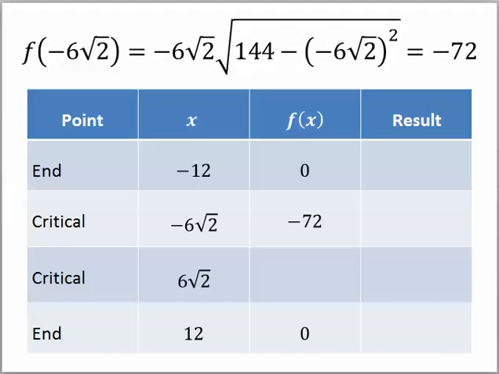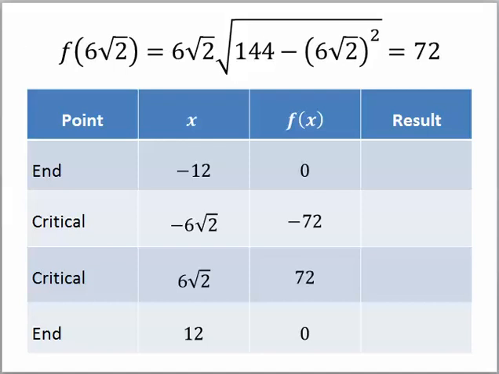F of negative 6 radical 2 is negative 72. F of 6 radical 2 is positive 72. So we have an absolute min at negative 6 radical 2 and an absolute max at positive 6 radical 2.